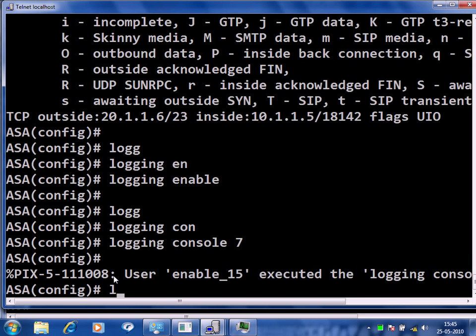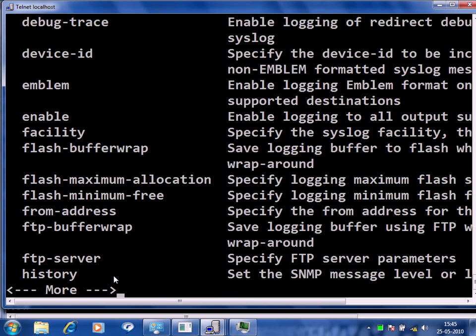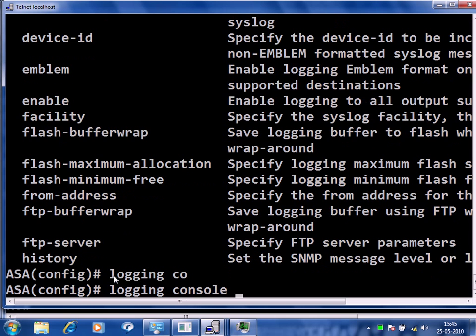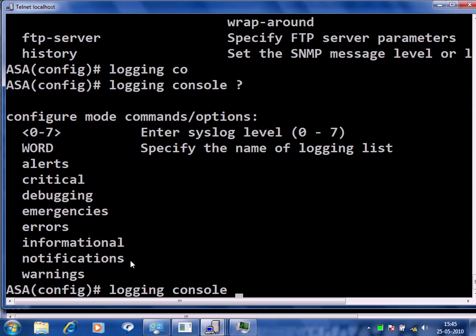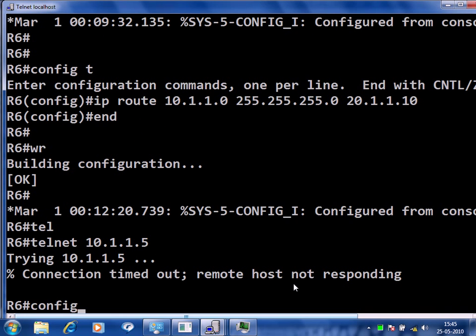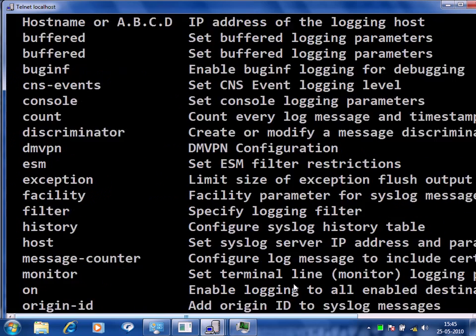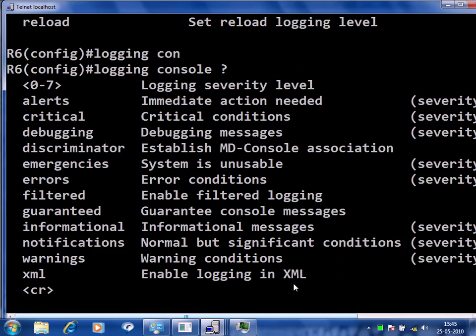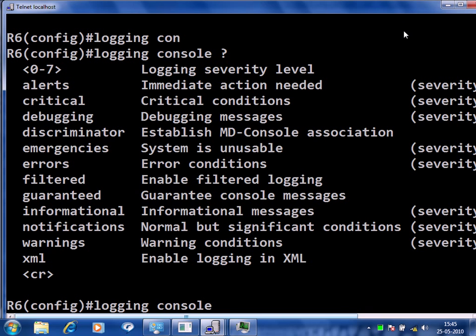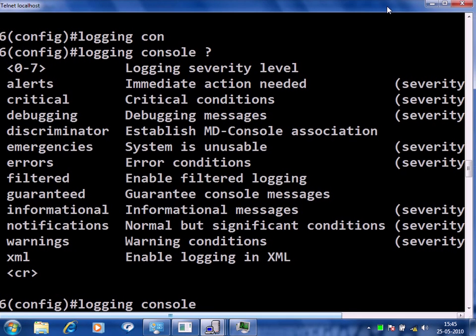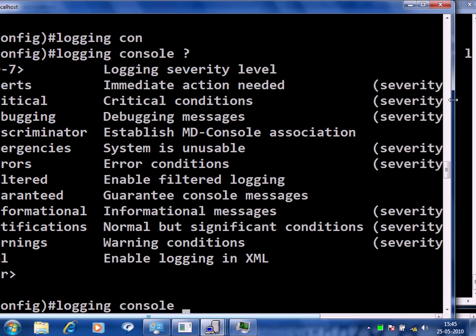So how to check? Logging console. See, 0 to 7. 7 is what? 7 is debugging. And those things you can see in the router in a much more intuitive way. Let me squeeze a little bit.